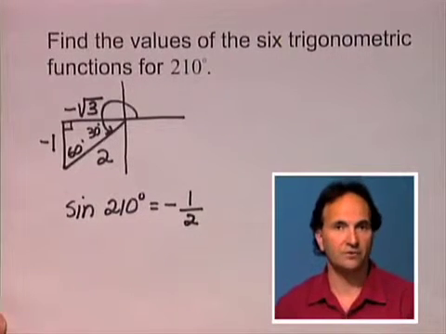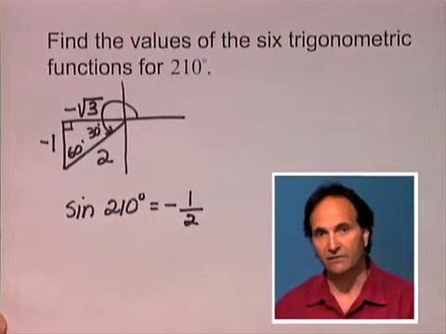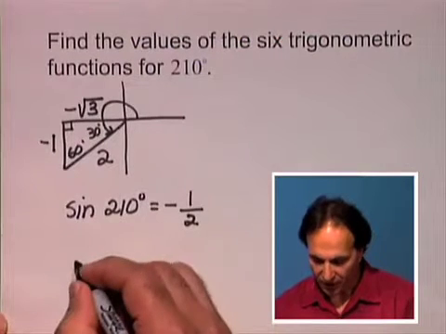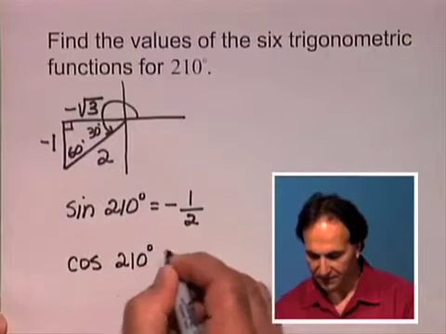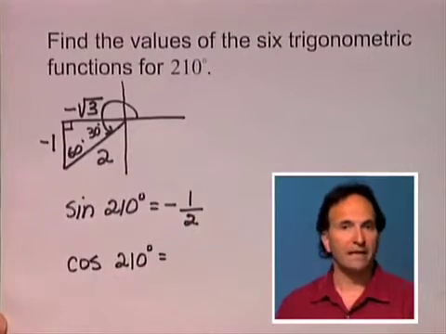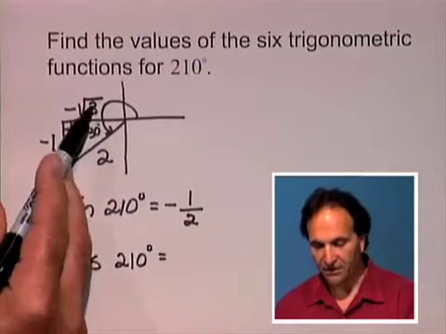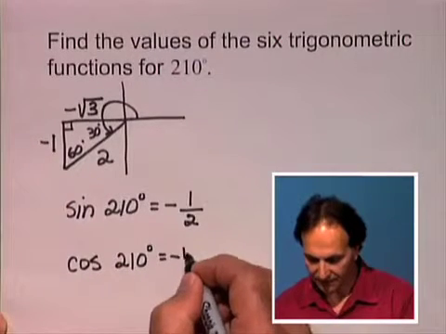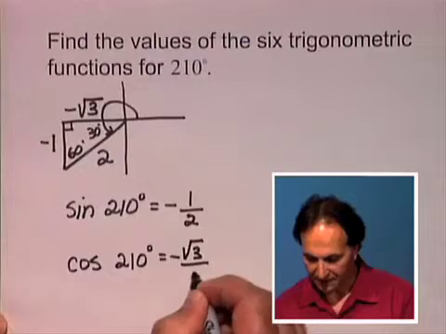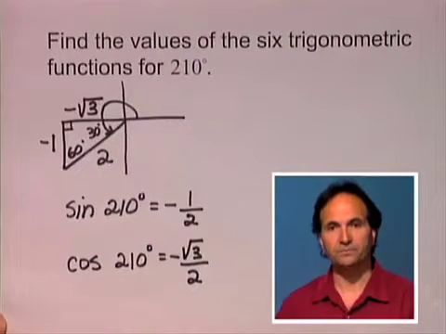So the sine of 210 degrees is -1/2. The cosine of 210 degrees, well, that would be equal to the side adjacent to 30 divided by the hypotenuse, so negative the square root of 3 divided by 2.